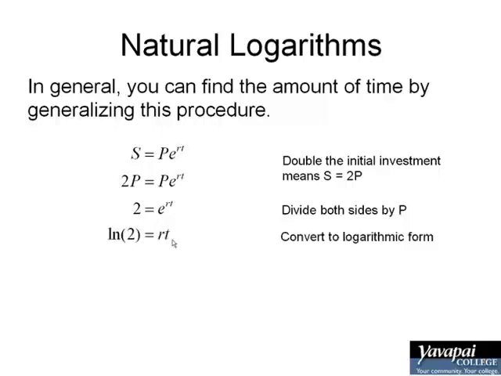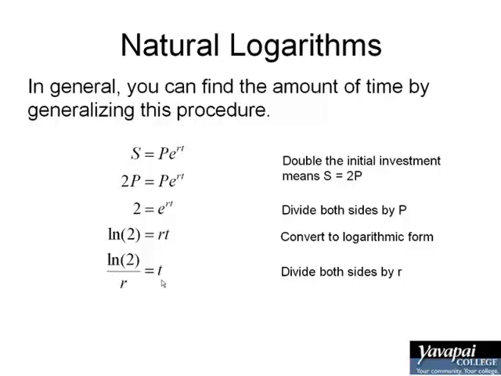And if I convert it over to a logarithm, I get ln of 2 equals rt, because the output of 2 becomes the input on the ln, and the input of rt on the e becomes the output from the ln. We're trying to solve this for t, so we're going to divide both sides by r. So I get ln of 2 divided by r, the interest rate, gives me the time.